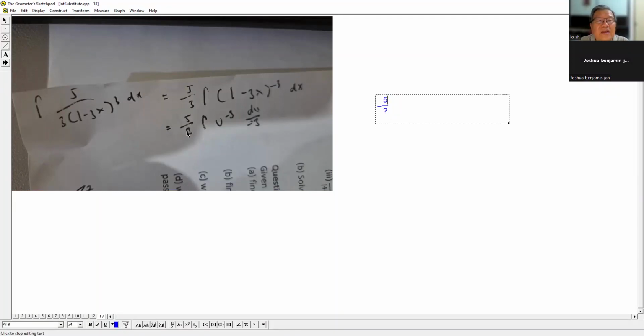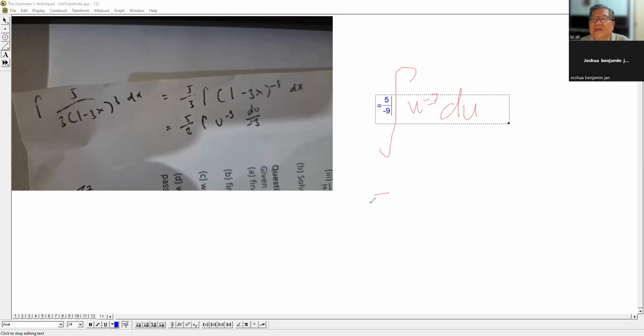Then this -3 times -3 is -9. But the problem is this one doesn't have the integration sign, so I just draw the integration sign here. Integrate this thing, u to the power of -3 du.